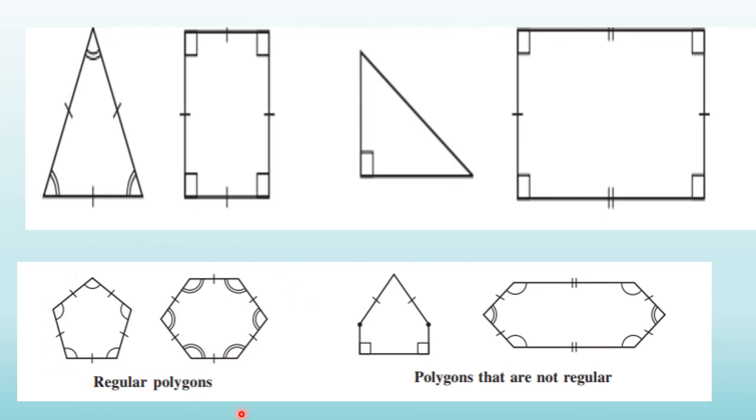Now these are regular polygons, it's quite evident. All the sides have one cut and all the angles have the same one curve. Here also all have the same type of angular representation and the cuts are also the same. Therefore it's regular.